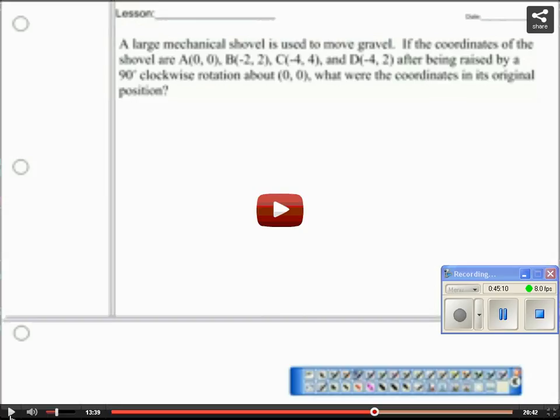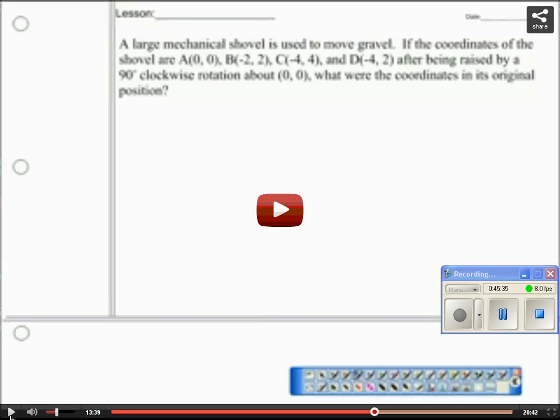What's the rule for rotating 90 degrees clockwise? Flip them and then the second one is negative. So you flip them around, and that second coordinate becomes the opposite. So what's the original A gonna be? 0, 0 still.